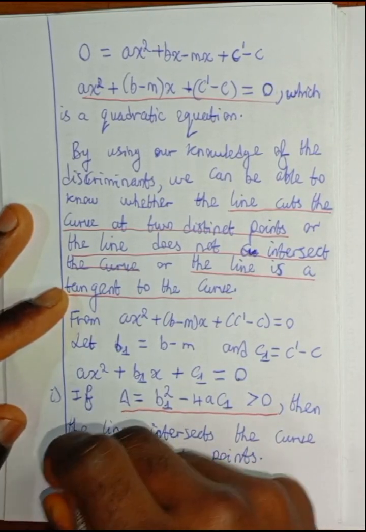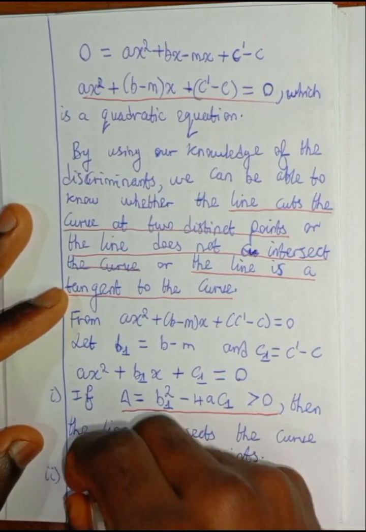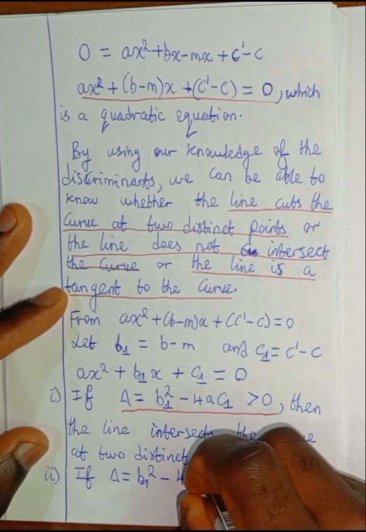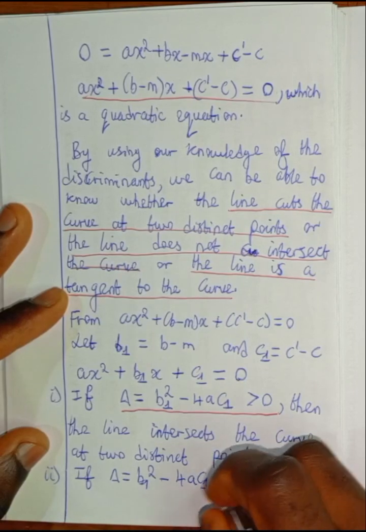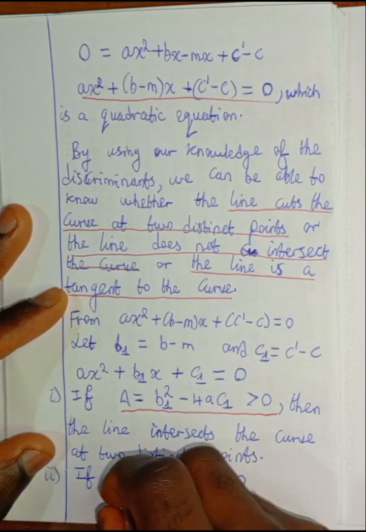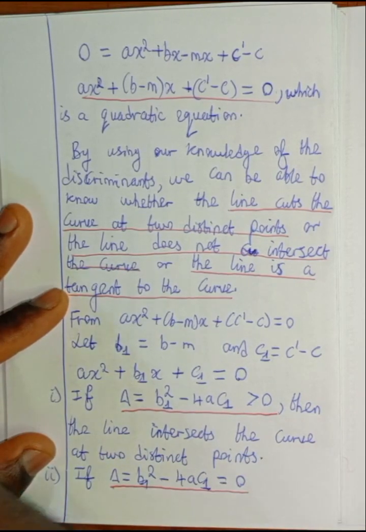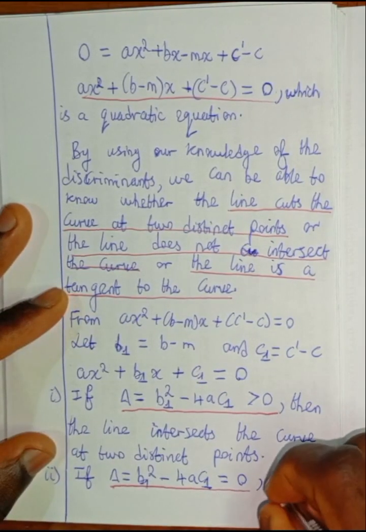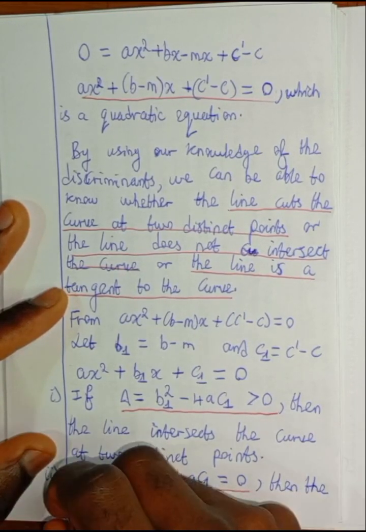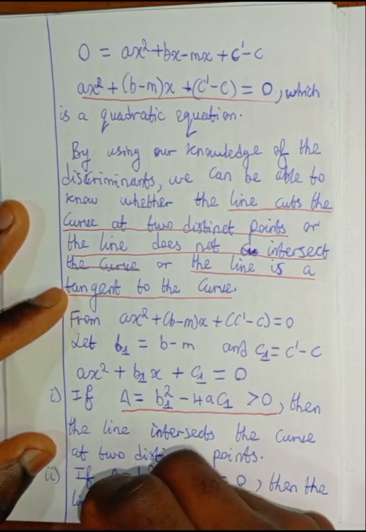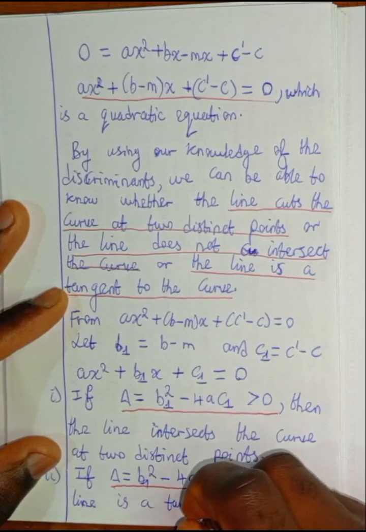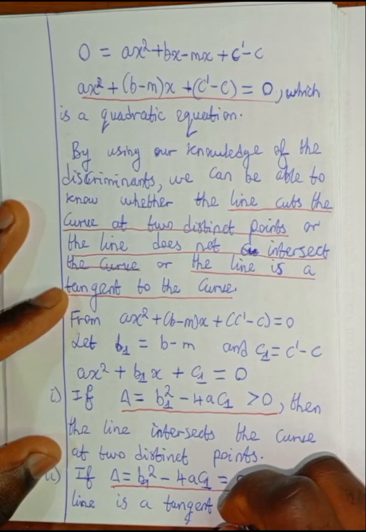The next one, 2i, if the discriminant b1 squared minus 4a c1 is equal to 0. In this case, we are going to say that the line is a tangent to the curve.